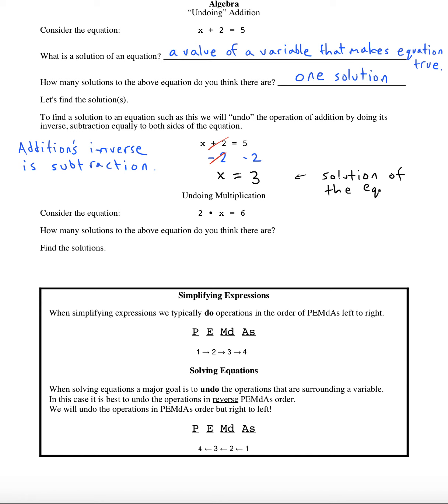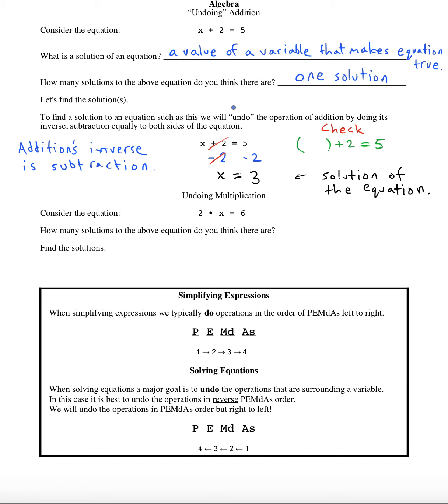And as this shows, there is only one solution. And it's 3. Now we should be able to check our work. The way we check it is by rewriting the original equation, but putting a parentheses in place of the x.